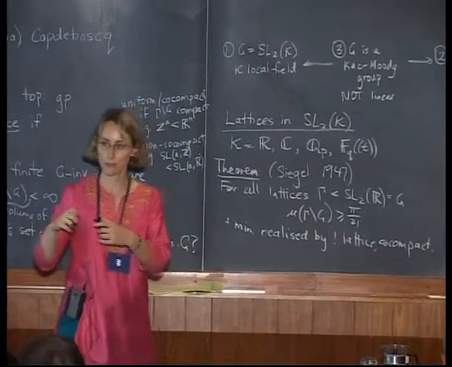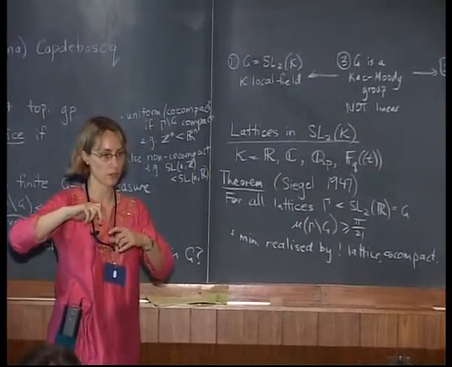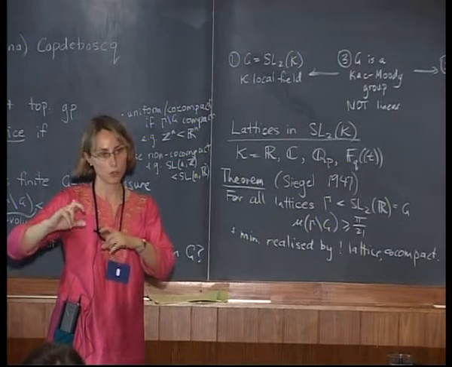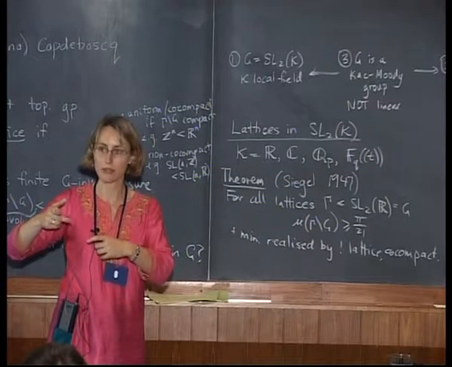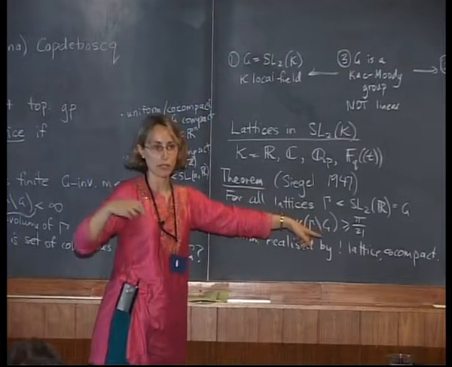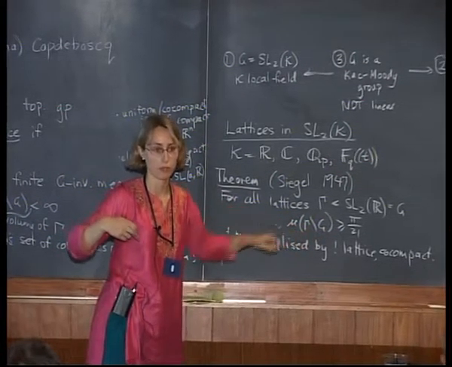So you start with a hyperbolic triangle with vertex angles pi over 2, pi over 3, pi over 7. Look at the group generated by reflections in the sides of that triangle, and the lattice of minimal volume will be an index 2 subgroup of that.